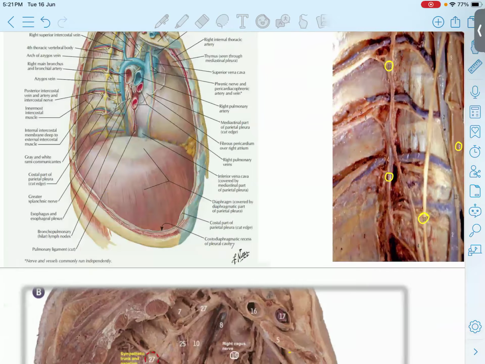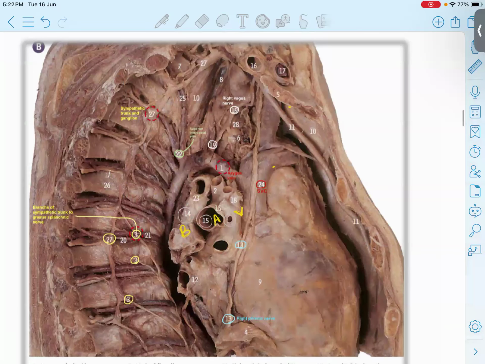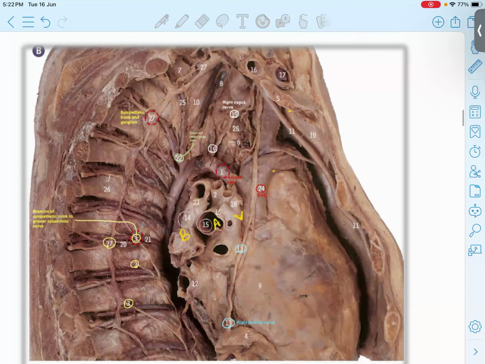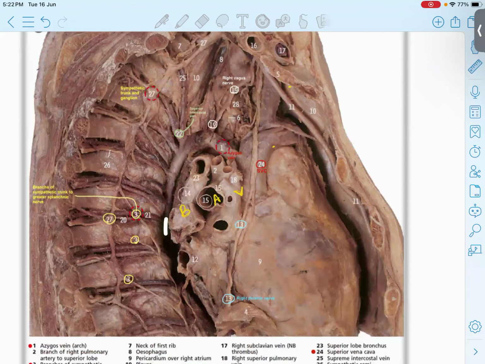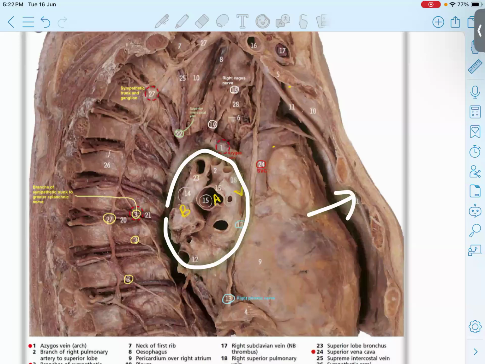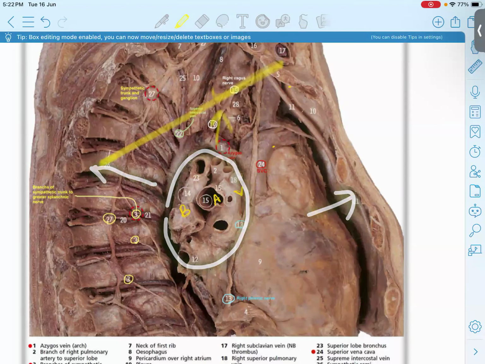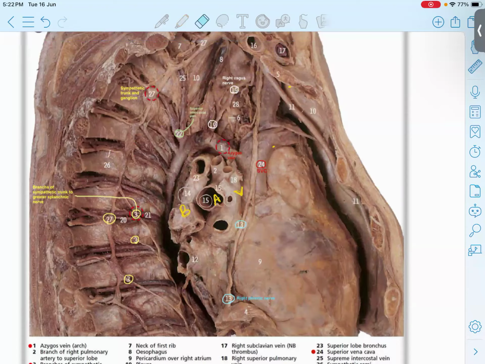Okay. Now come to this cadaveric image. First of all, we will observe what? Azygos vein. So it is right-sided. Then come to this lung root. This is anterior side, this is posterior side, and this is superior side. Okay.